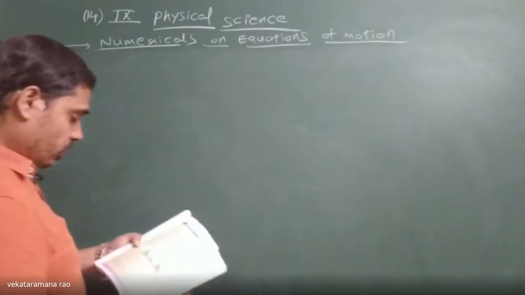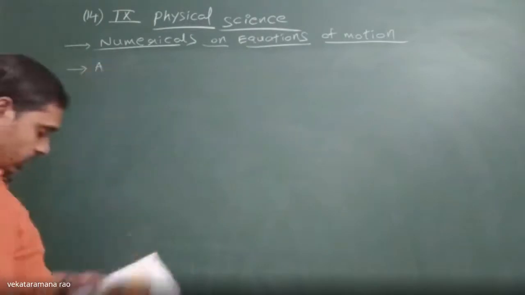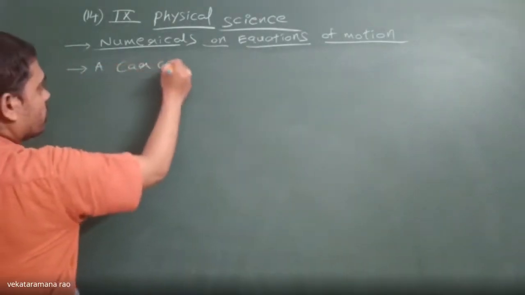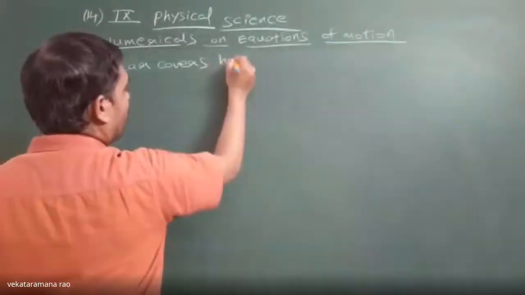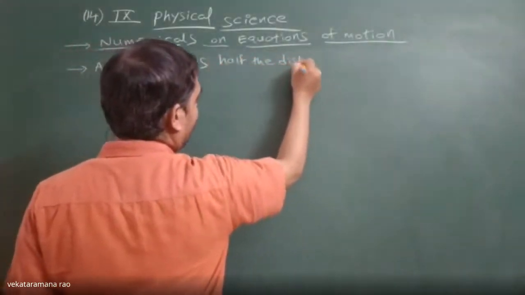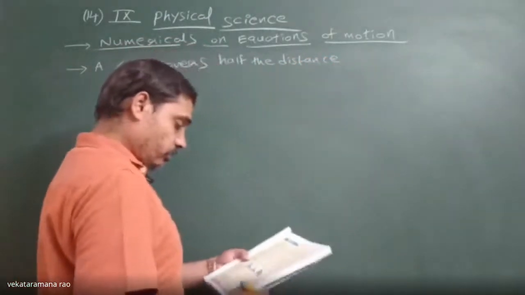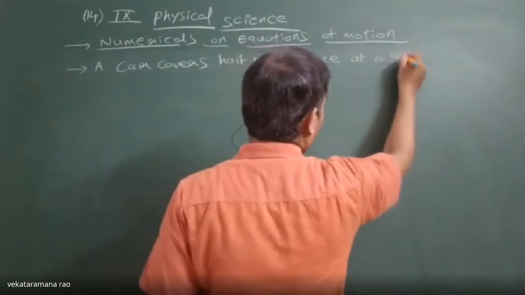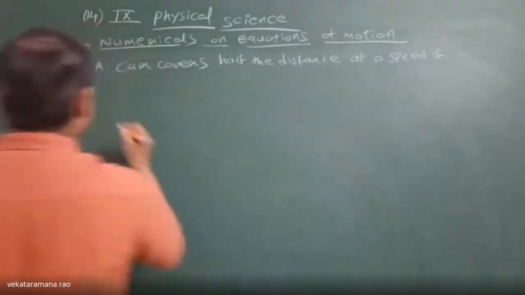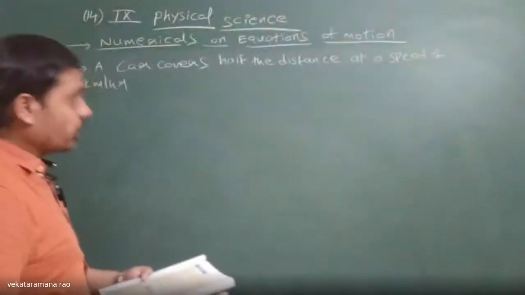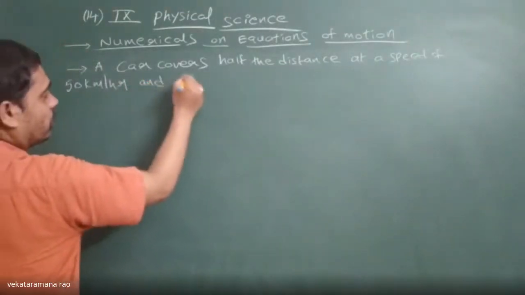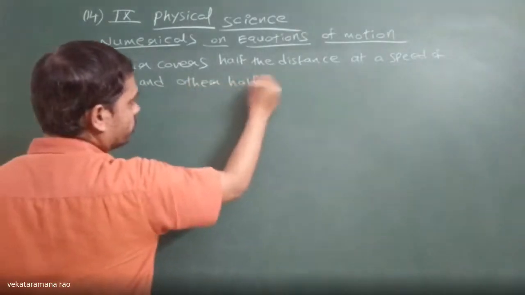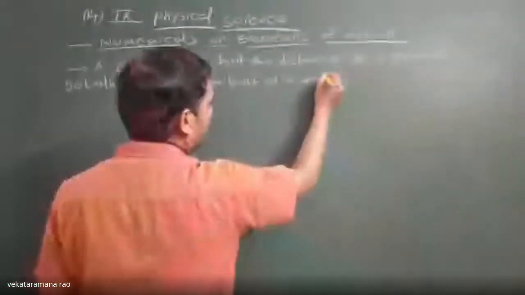A car covers half the distance at a speed of 50 kilometers per hour and the other half at 40 kilometers per hour.